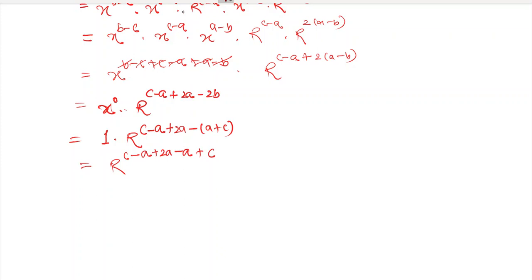I'm sorry, minus c, because when we open the bracket the signs will change. So it will be minus c. Minus c plus c gets cancelled. Minus a plus 2a minus 2a gets cancelled, and r raised to 0, which is 1, is left, which is equal to your RHS.